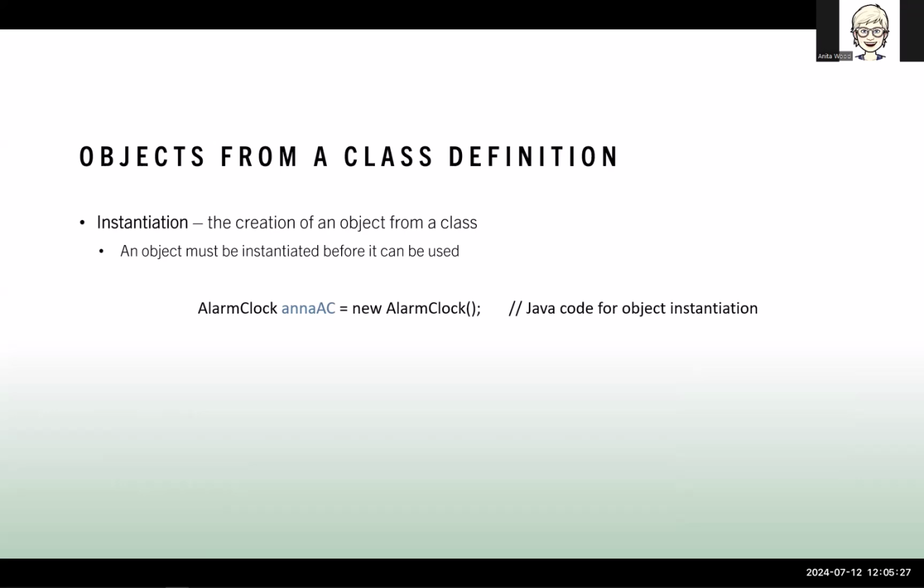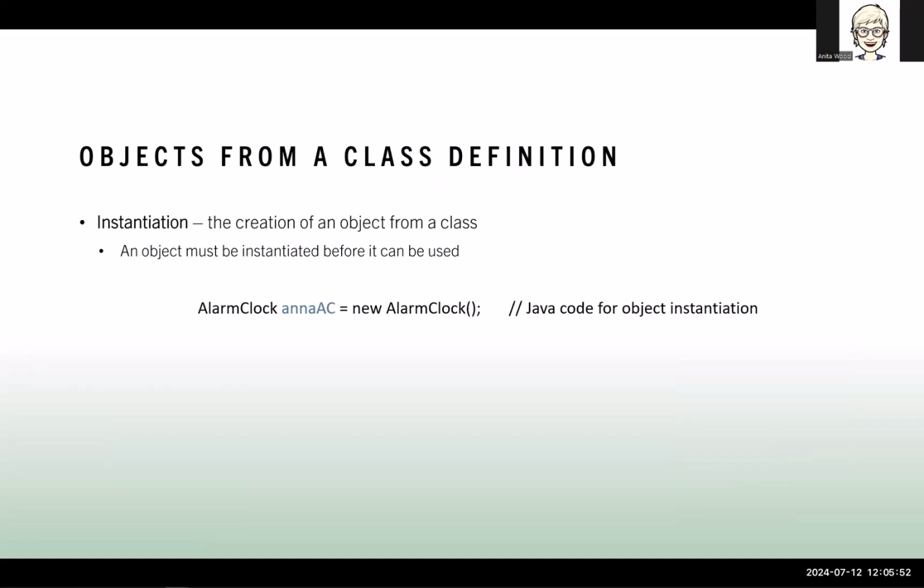Before an object can be used in code, it must be instantiated. We create an object from a predefined class through the process called instantiation. Instantiation is a complex process where much of it is done by the programming language, but there are some things the developers must also do, and we'll look at what the developer does later.